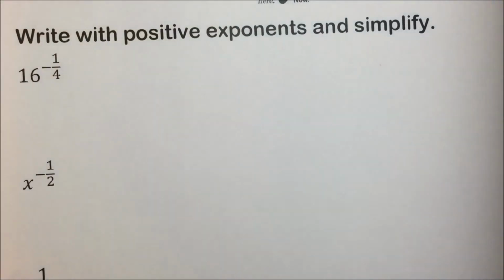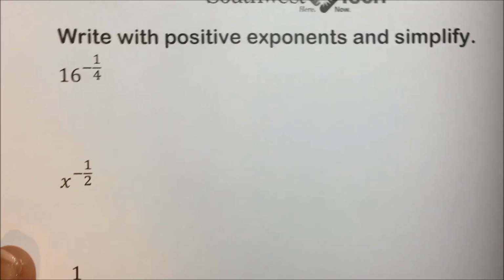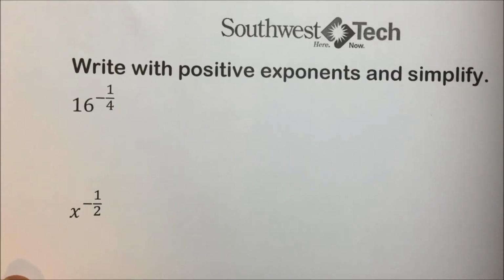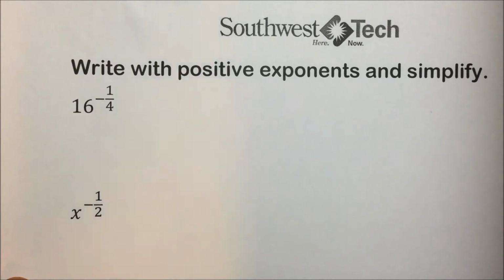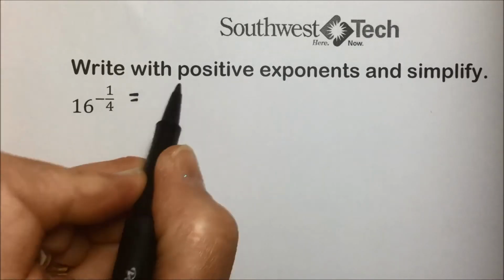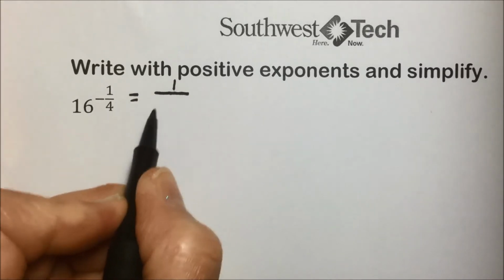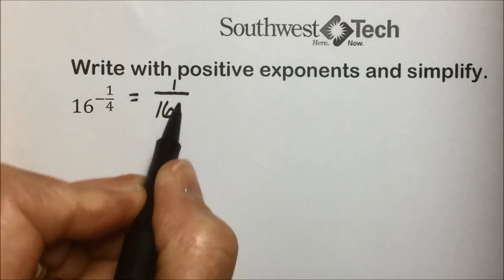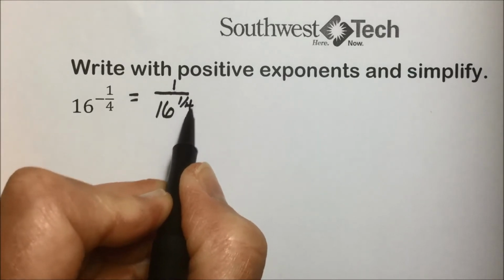So let's take a look at simplifying problems that have negative exponents in them. They're asking us to write with positive exponents and simplify. So first off, to get rid of the negative exponent, we will drop this to the denominator. So we'll have 1 over 16 to the 1/4.